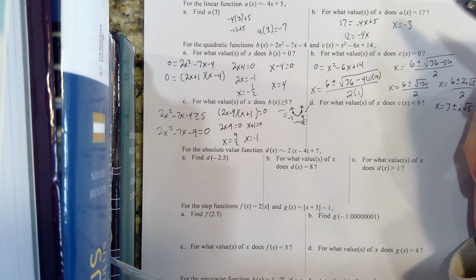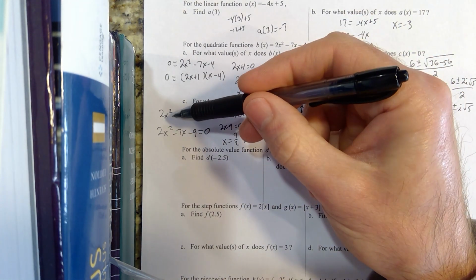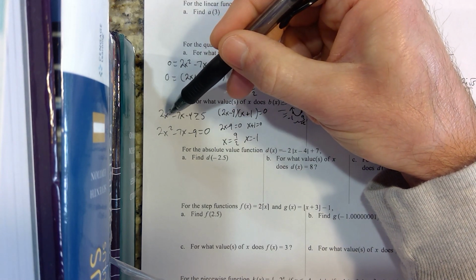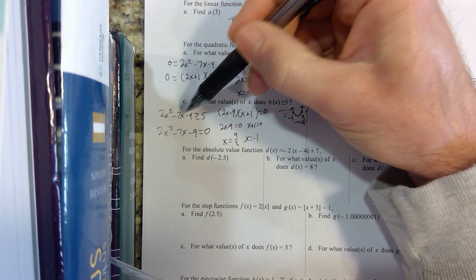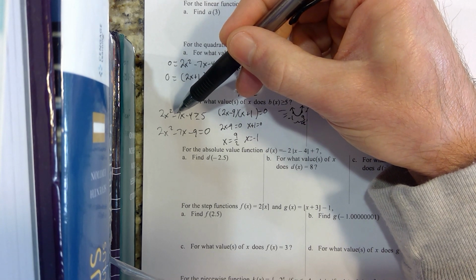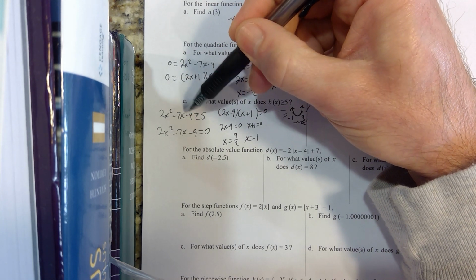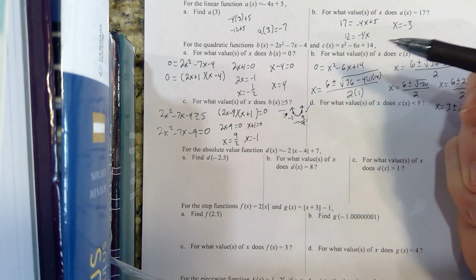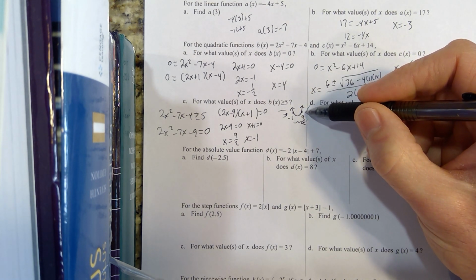But you can confirm that by trying a value like negative 2 in the original. So plug in a negative 2. 2 times negative 2 squared, that's 8. Plus 14 is 22 minus 4. Well, 22 minus 4, that is greater than 5. So you can see a value like negative 2, which would be out here, works. And you can confirm again by choosing a value greater than 9/2.